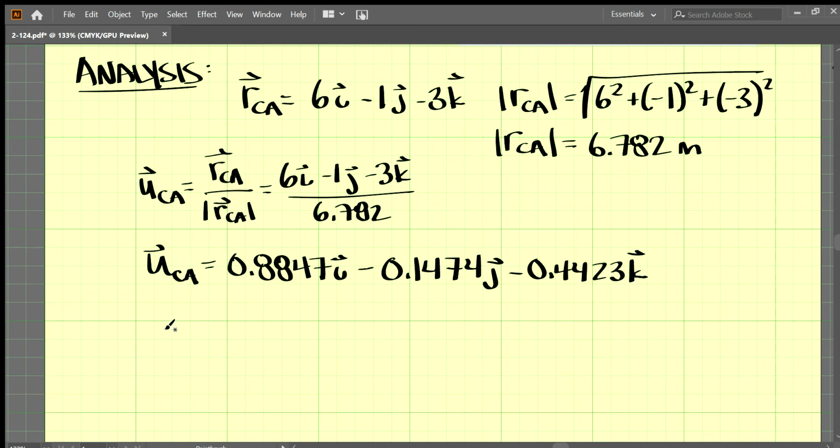And let's just write down the force vector again so we don't have to keep scrolling back up. That's 400I minus 200J plus 500K.